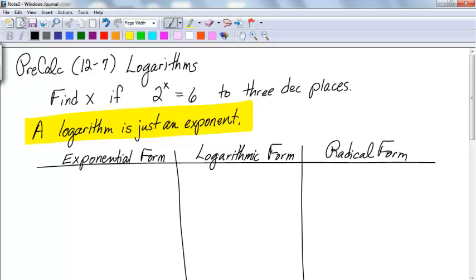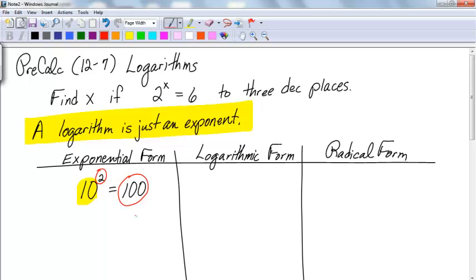Same idea here. Okay? If I gave you 10 squared equals 100, that would be considered exponential form. Remember, the 10 is the base. This is the exponent, and this is the number.